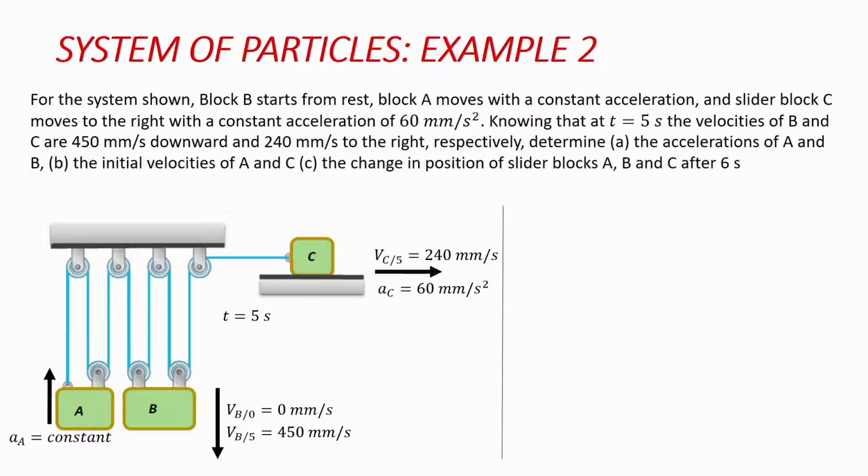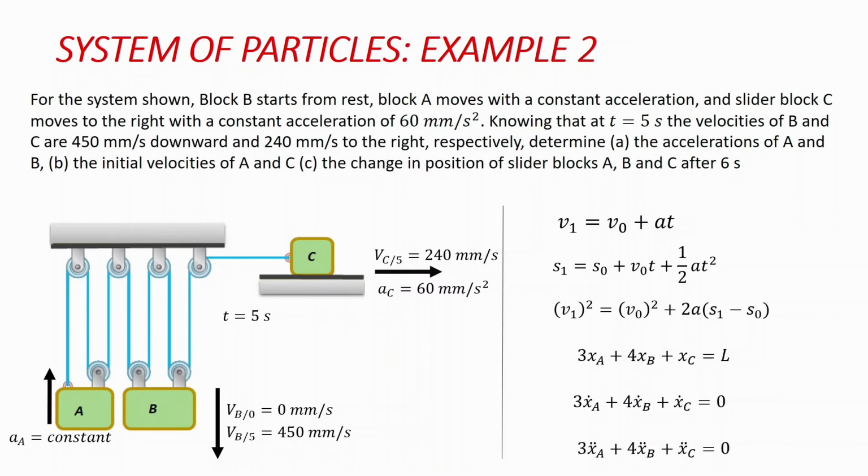So we have all these variables given to us. Then we are told to determine the accelerations of A and B, the initial velocities of A and B, and the change in position of slider blocks A, B, and C after 6 seconds. To solve this problem, we need to recall our equations. Because this problem is similar to the one that we just solved, we just tweaked the variables given from a known to an unknown.